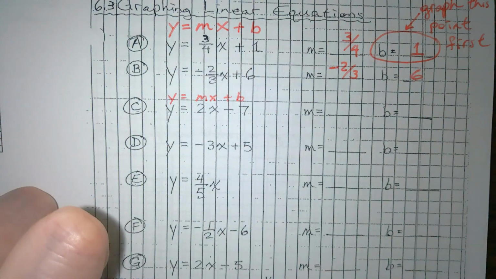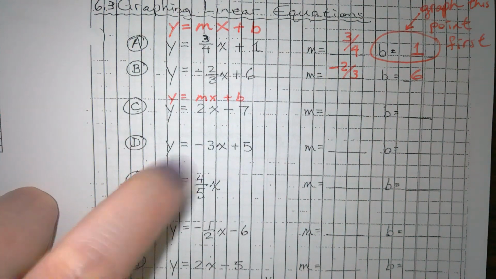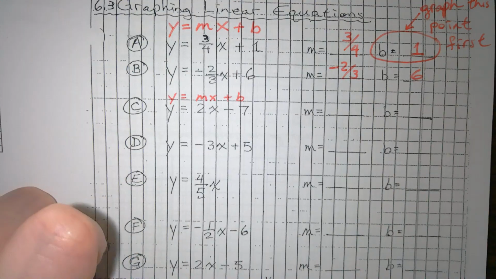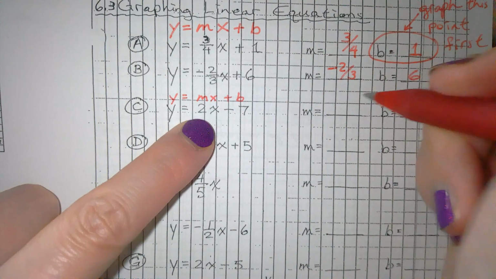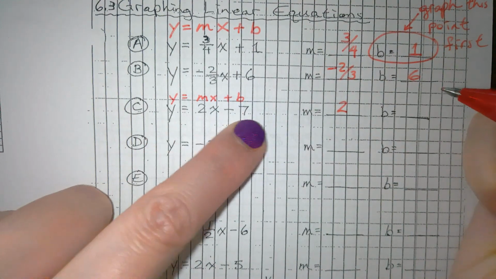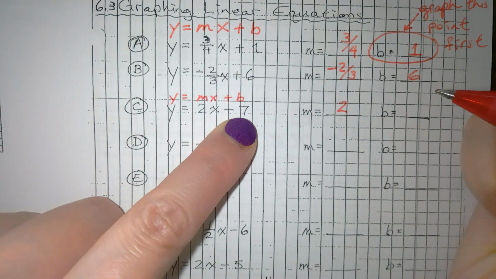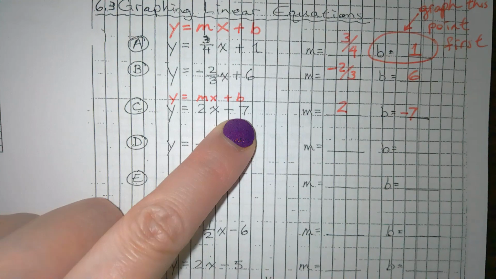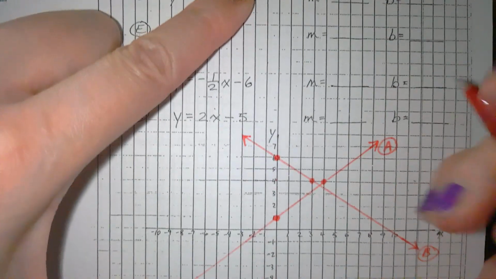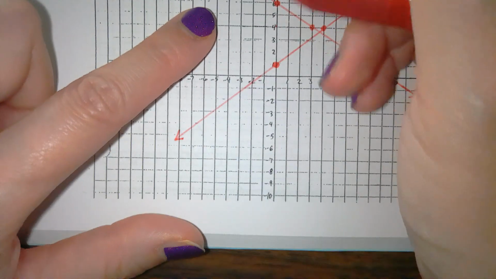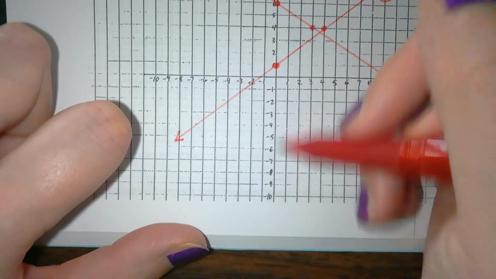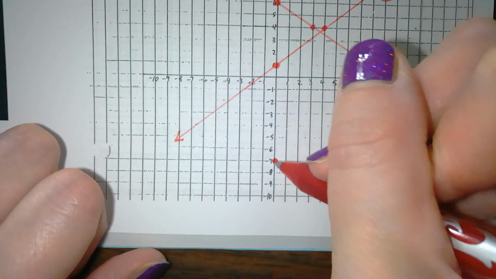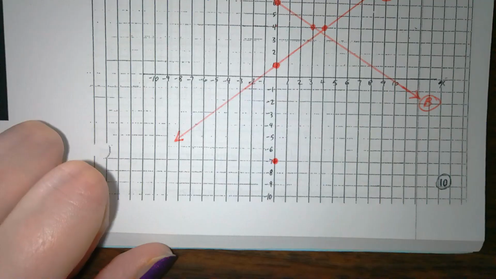So m is what number? 2. Yeah, 2. And what is b? Negative 7. Good job. All right. So on my y-axis, I'm going to plot negative 7, which is right here.